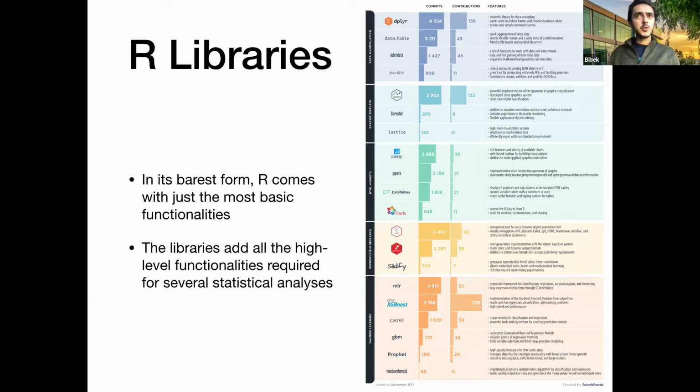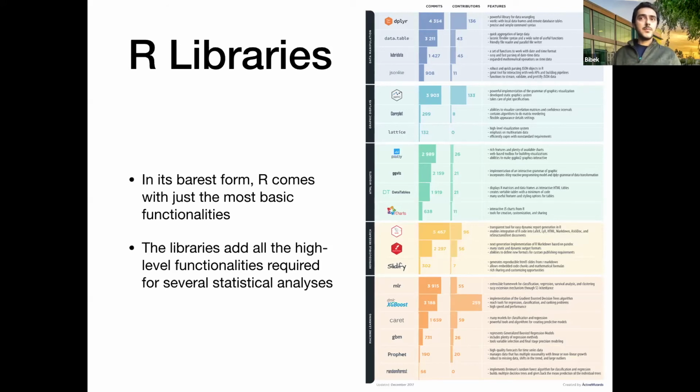But there are so many other kinds of needs that you want to address. For example, you want to do genomic sequence analysis. It is a very specific tool and not everybody may need this. So R does not come with tools for genomic analysis by default, okay?